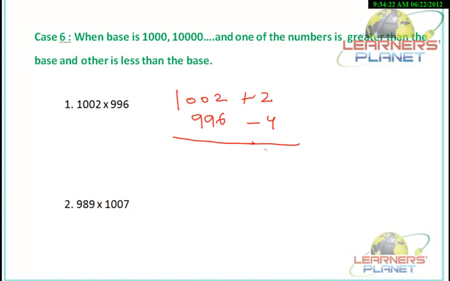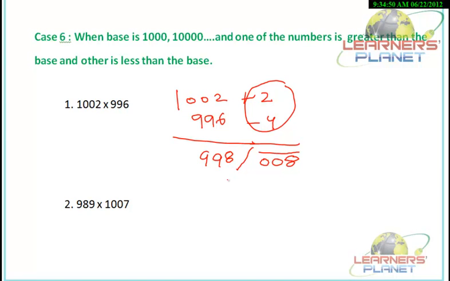We have already discussed in our previous sessions that from this multiplication, we have to fill up 3 digits. But we are getting just 1 digit. So we have to write 2 zeros over there. And 4 into 2 is 8. Once again, the entire calculation will be negative. So we just put a bar over there. Now 996 plus 2 or 1002 minus 4. In both the cases, we'll be getting 998.